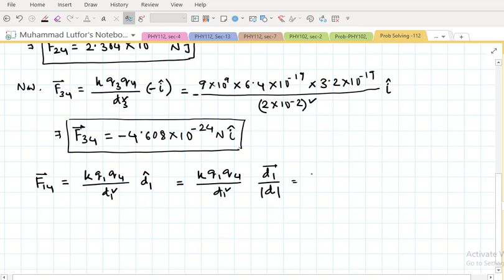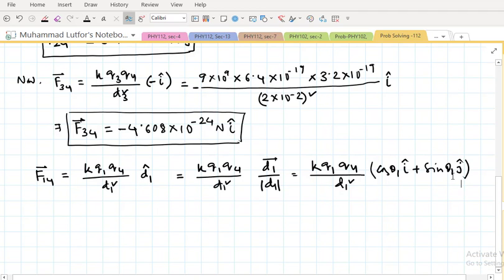Then this will be k q1 q4 divided by d1 square into cos theta 1 I hat plus sin theta 1 Z hat. You can factor out the d1 and it cancels out. That's the formula. Now I'm going to plug in the values because I know everything here.